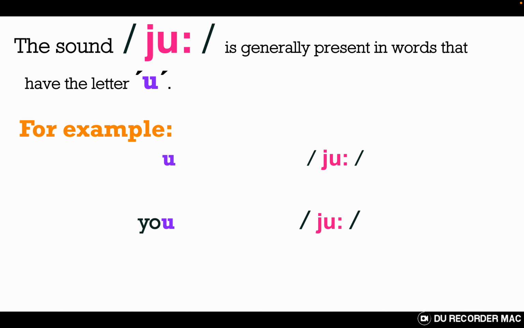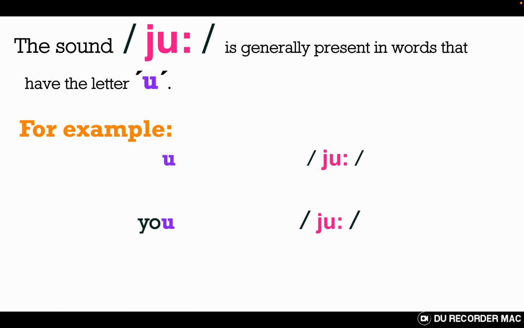So when you have U pronounced U, the phonetic sound is J, U, two dots. The first example is the letter U. And the second word is the subject pronoun you.